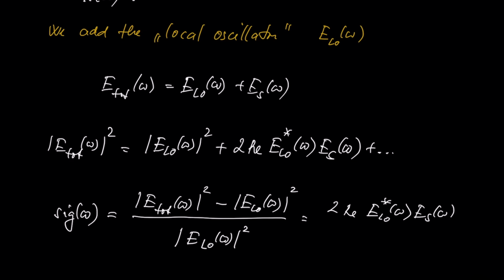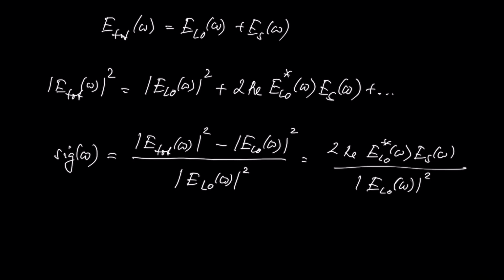But that's not telling us enough yet. We have to now try to see what's possibly the dependence of the signal field on local oscillator. Well, it's clear that there is none, but we can assume, we can hope that the local oscillator is a field similar to the probe. For instance, it can be similar in such a way that we basically first split the probe pulse into two.